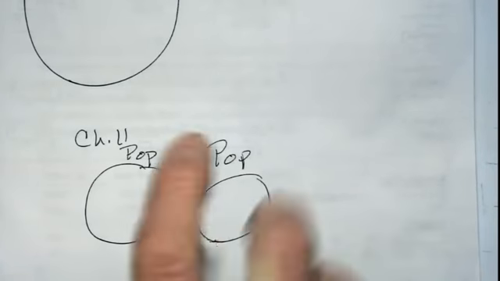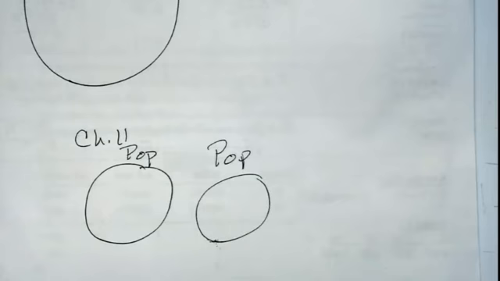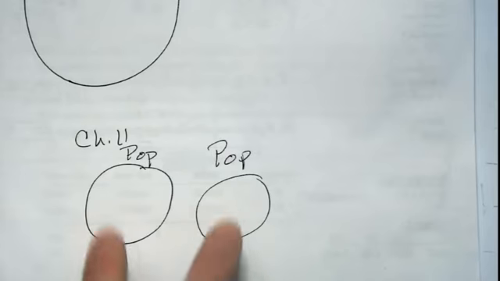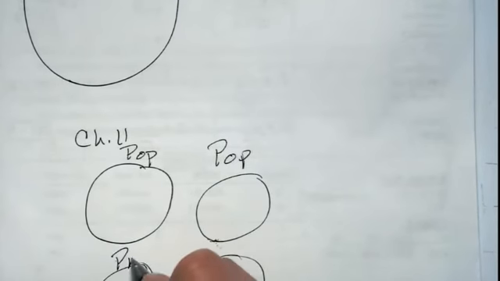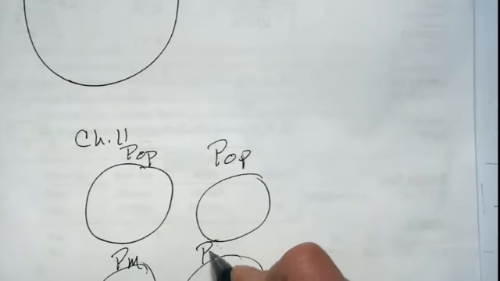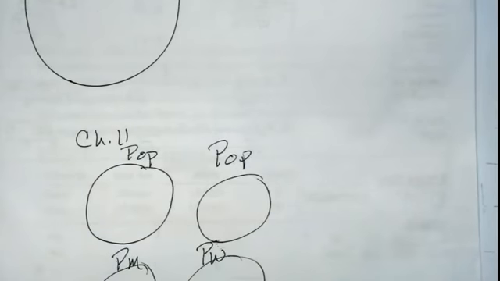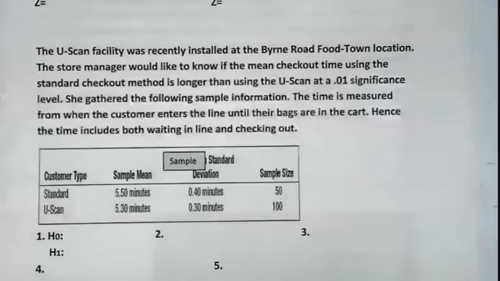I might be testing the gas mileage of the Toyota Corolla and the Honda Civic. I'm testing two populations, or two proportions, maybe the percent of males going to a four-year college and the percent of women going to a four-year college. I'm comparing two. Okay? So let's look at that.